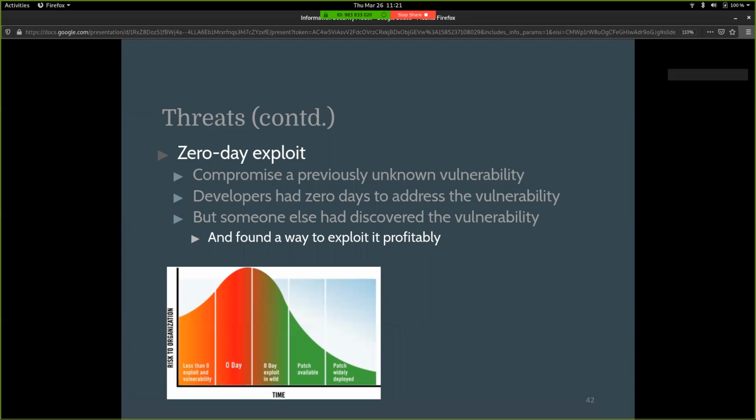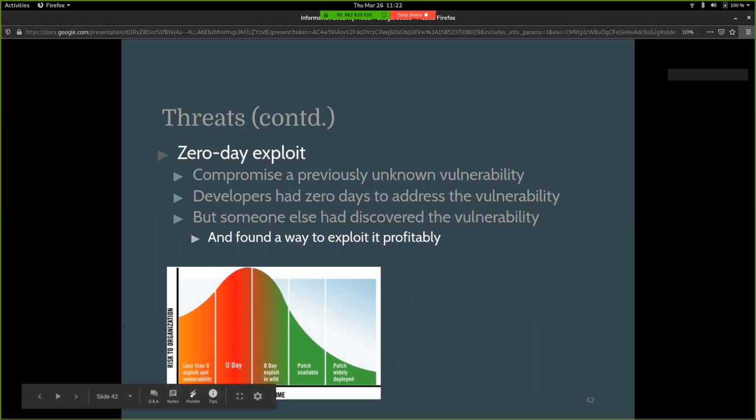Zero-day exploits is something we haven't discussed yet. It's called a zero-day exploit, especially if we take a look at the graph here below, where developers pretty much have 0 days to address the vulnerability. If we take a look at the graph down here at the bottom, the risk to the organization is much higher because there's a larger time window in which that patch becomes available or is able to be widely deployed.